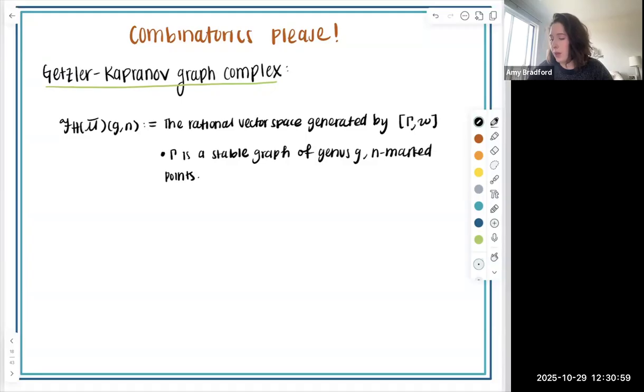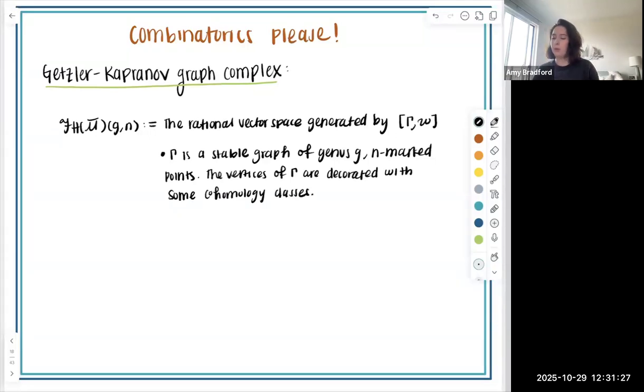And so I'll also say the vertices of Γ are decorated appropriately with some cohomology classes, which I'll do an example of below to make this hopefully clear. But what we're starting out with is just some sort of a stable graph, and then we're going to add on some extra decorations.